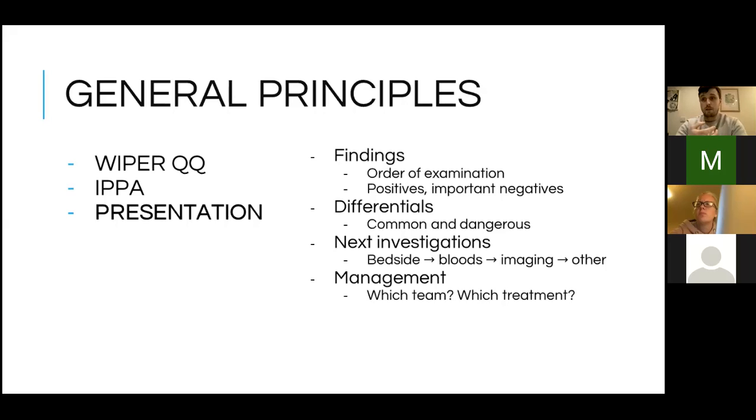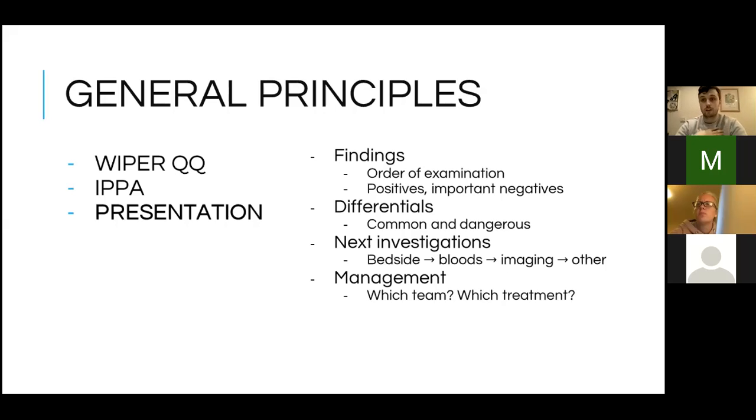After your examination, take a minute and formulate a presentation, presenting in the order of the examination. In the hands, I saw X, Y, and Z. In the face, I could not see this or that.